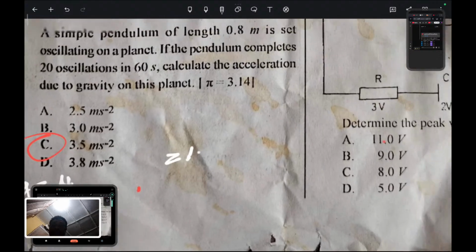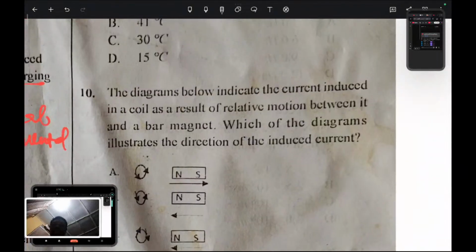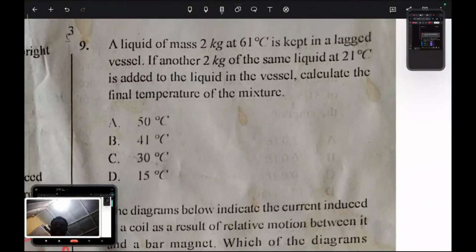Is that clear? We've answered questions 1 to 8. Then let's go to question 9 quickly. Question 9 is under which class now? This is SS2. Yesterday I told you close to 70% of your questions will come from SS2 work.